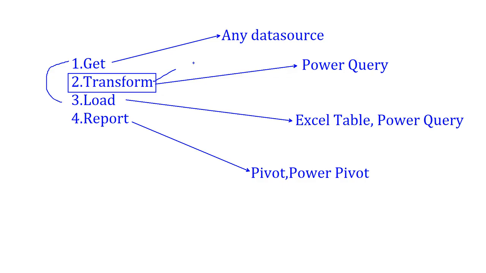Sometimes I may have 1 lakh rows, and in 90,000 rows there may be a problem. So better to go for transform. And in transform we have a specific tool for checking your column quality. There is a specific tool available in Power Query to check that the column quality is correct. That's the way I recommend to follow get, transform and load.